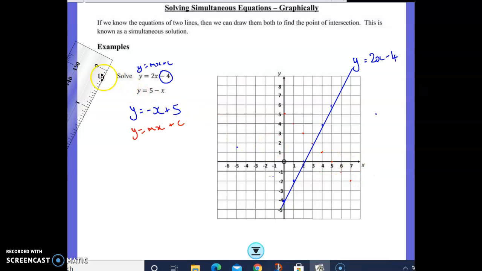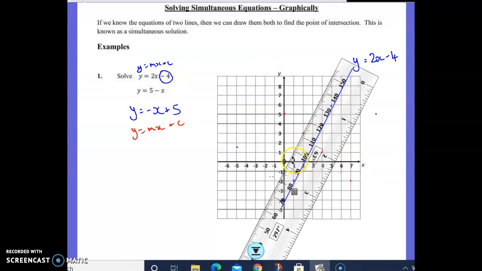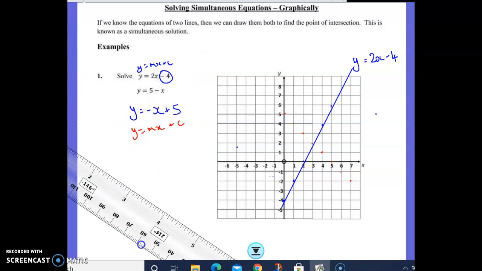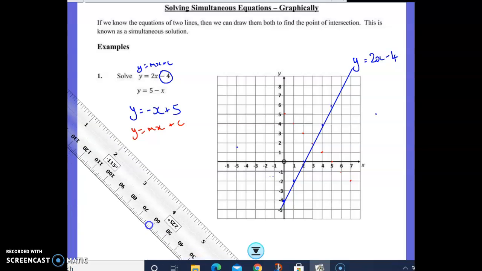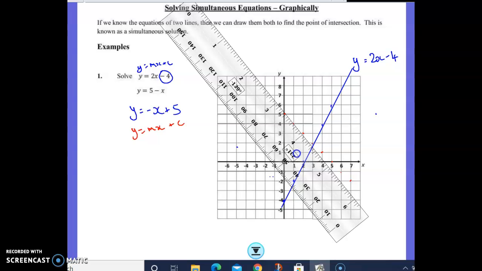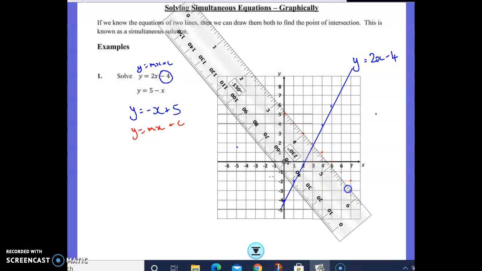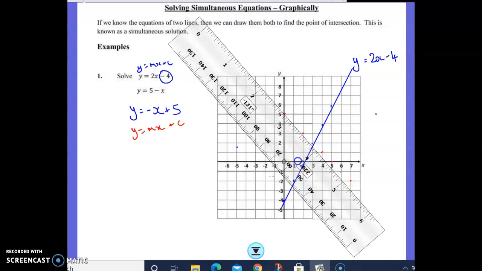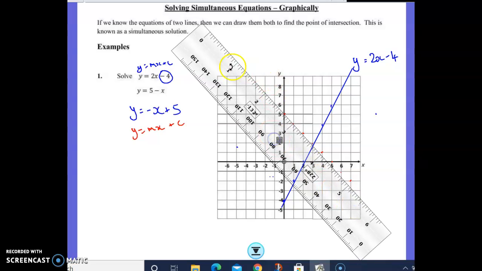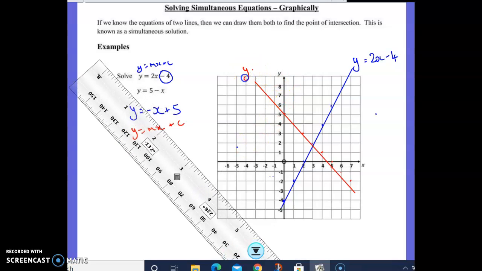Let's see if my ruler is going to cooperate this time. That's not too bad, that'll do. Draw my line in here. So that's the line y equals minus x plus 5.